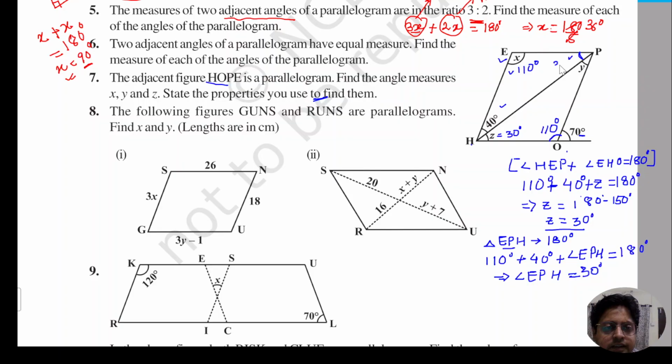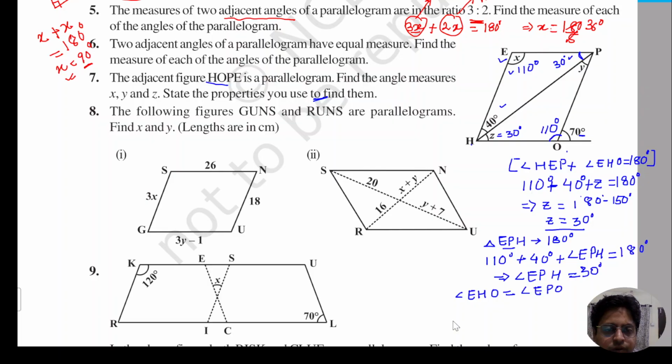Now we know that opposite angle of parallelogram are equal. Therefore, we can write that angle EHO is equal to angle EPO, that is this angle.